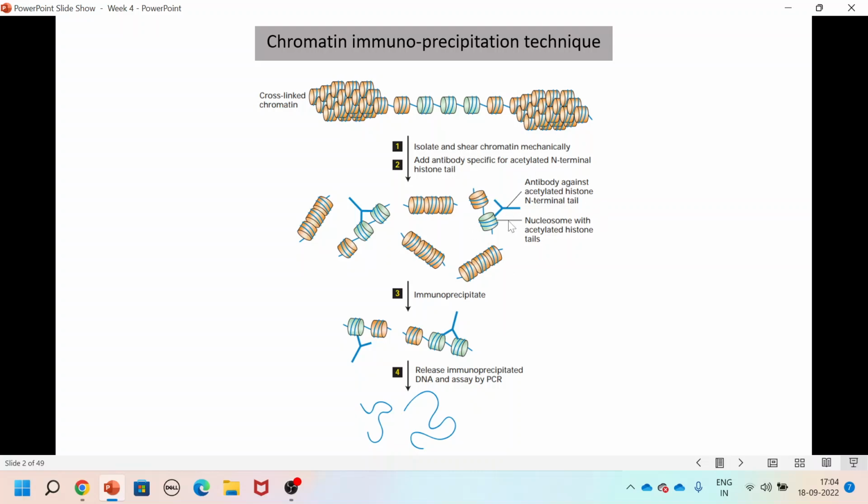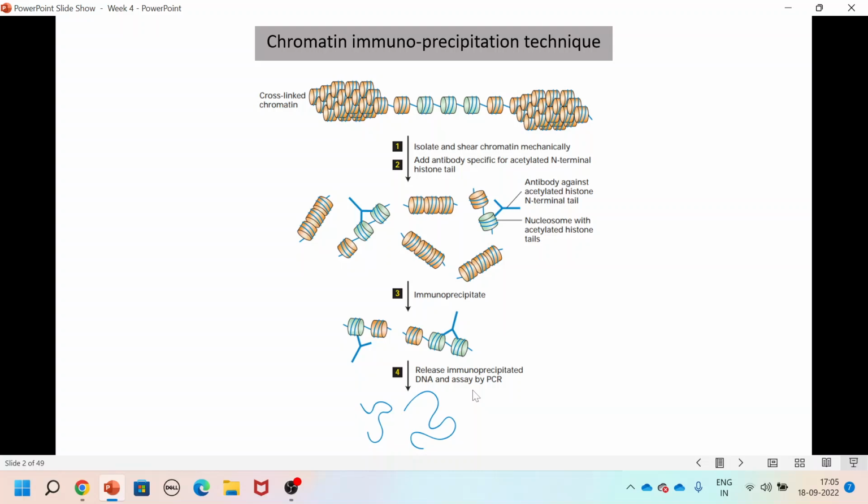When we incubate the isolated and fragmented chromatin with the antibodies against the acetylated histone N-terminal tail, we can immunoprecipitate this complex, and by using enzymes like proteinase K or various other reversible cross-linkers, we can release the immunoprecipitated DNA and analyze it using techniques like PCR.